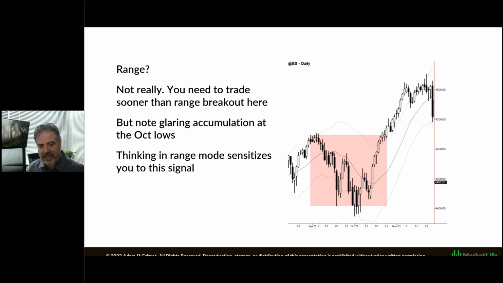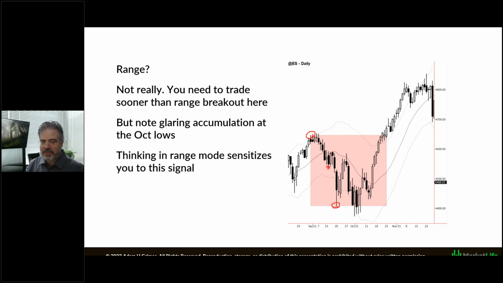So really, here's a point where even though I would be very hard pressed to defend the idea that this is a range, thinking in terms of the range helped. And just to be clear, this does not belong here. This really should be anchored here. I drew the box to this anchor point. But the anchor points for the range are here, and then initially here, but we just traded lower, so you got here.